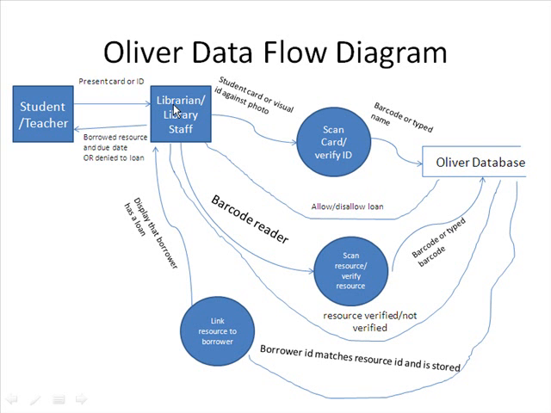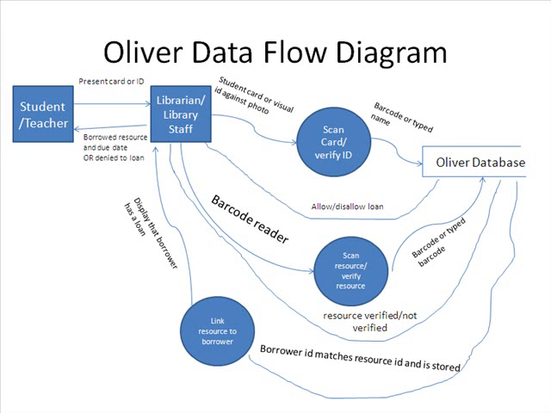So the next step that the librarian then carries out is to scan the resource, and every resource in the library is given a unique code or barcode, which is entered into the database when the library receives it. This process is called accessioning.